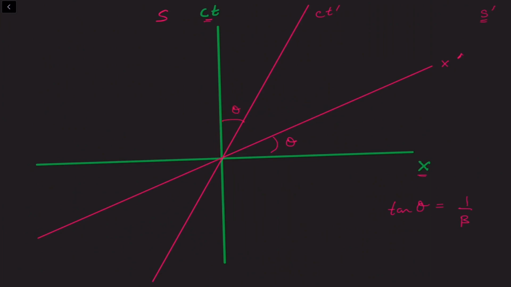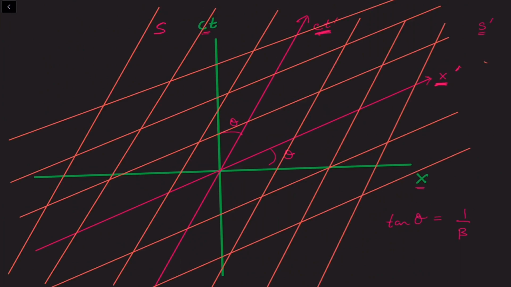Now, to locate the space-time coordinates of any point according to observers in frame S prime, we have to draw a similar grid, except the grid would have lines parallel to the t prime axis and parallel to the x prime axis. So let's draw those. This is what that grid would look like.